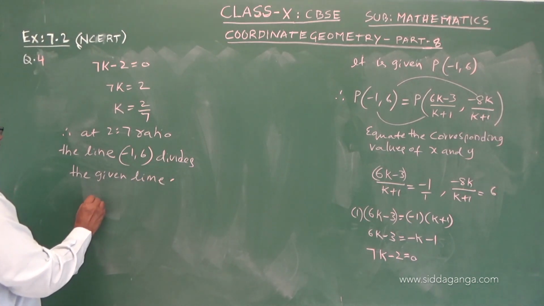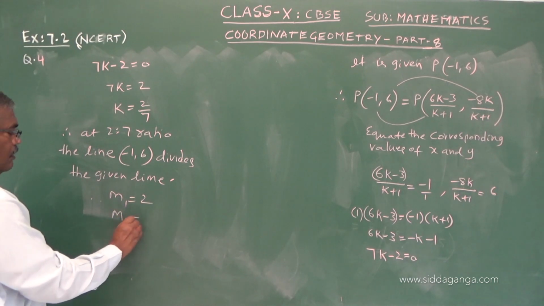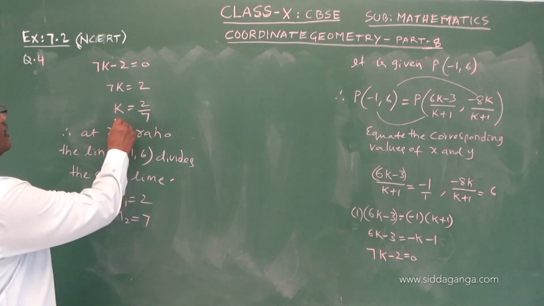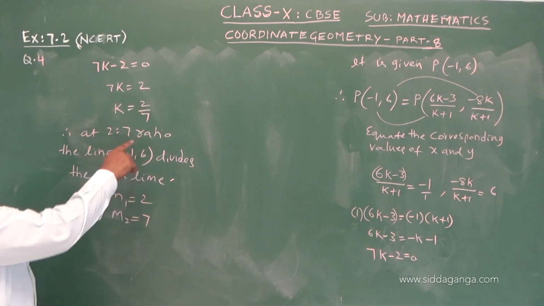So that means m1 equals 2, m2 equals 7. So likewise also you can write, k is equal to 2 by 7. How you got 2:7?